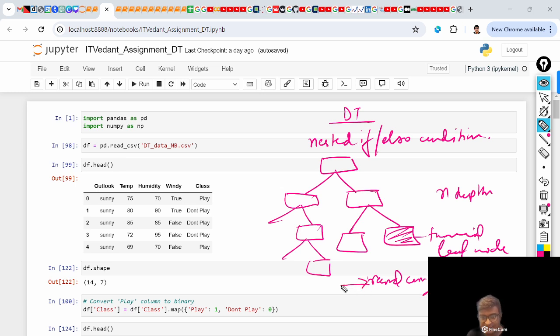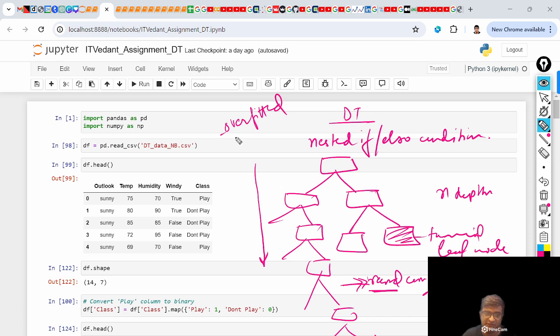And that's why it can go to n depth. That means it can branch out. Ultimately, it is dedicated to reach the n depth so that each and every record in the training data is correctly classified. Okay. This leads to its disadvantage. Basically, it is an overfitted model.